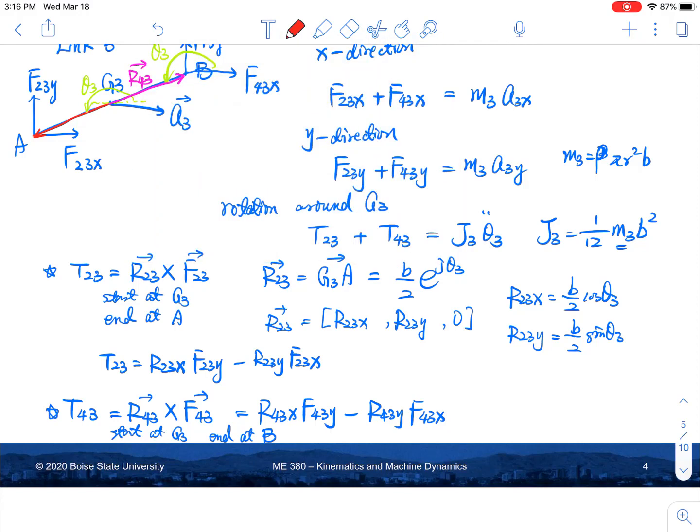And then the red vector is your R23. From the geometry relationship, we know that the R43 vector is minus R23, right? So that means R43x is just minus R23x, and R43y is just minus R23y. Then you can do the calculation.